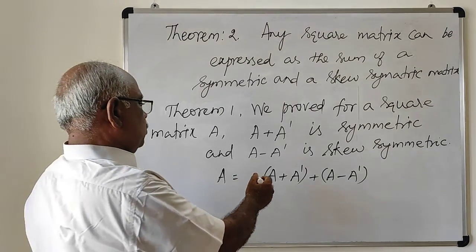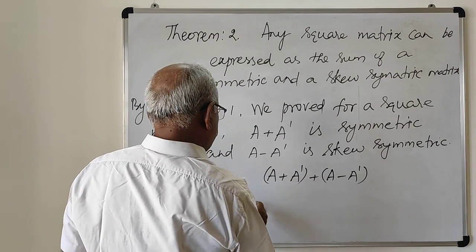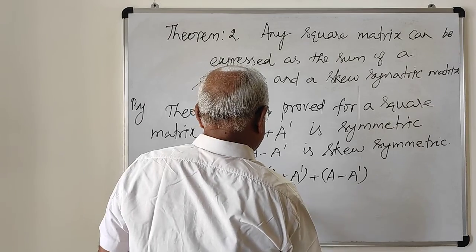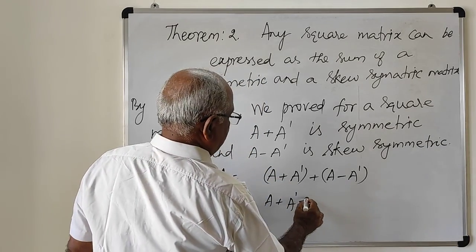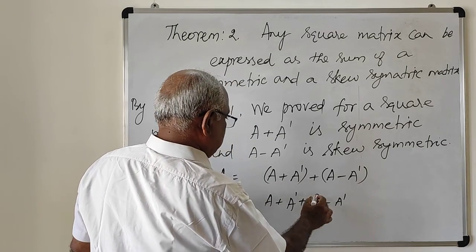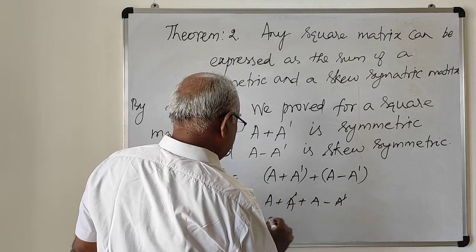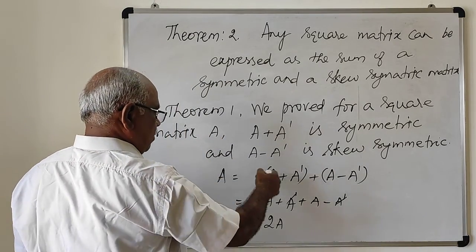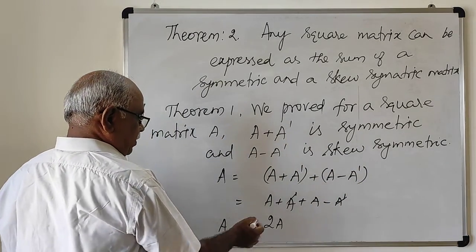Suppose you apply this straight away, you will get A plus A dash plus A minus A dash. The A dash gets cancelled, and you will get 2A. So if you add these straight away you will get 2A.